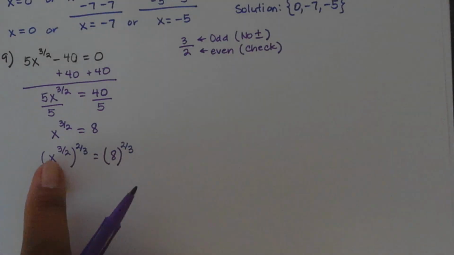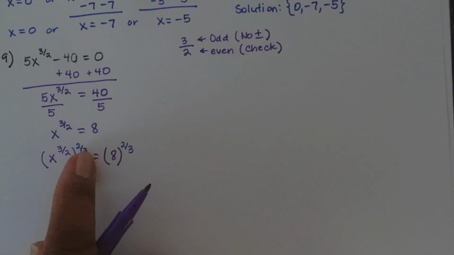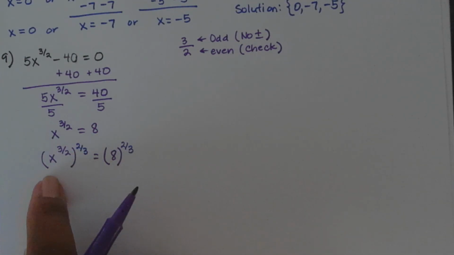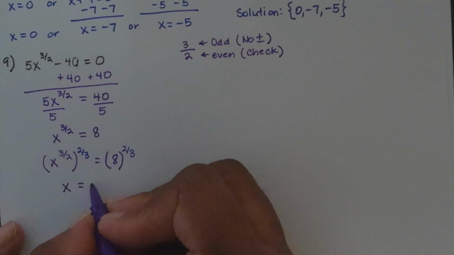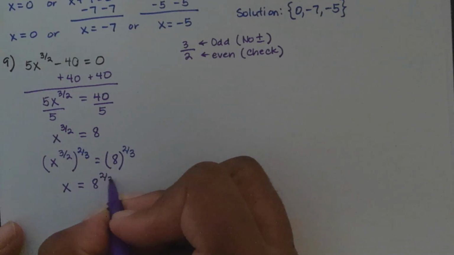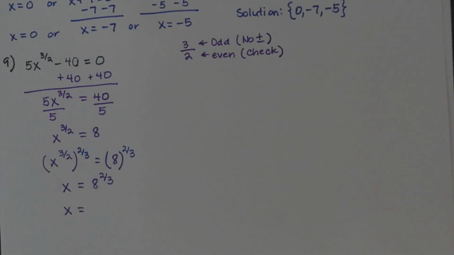So 3/2 times 2/3, if you multiply those exponents, since we're raising a power to a power, that's going to be a 1. So you're left with x to the 1 or just x, and that's equal to 8 to the 2/3.